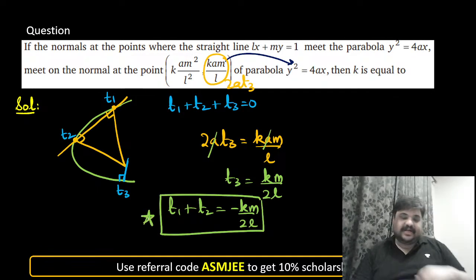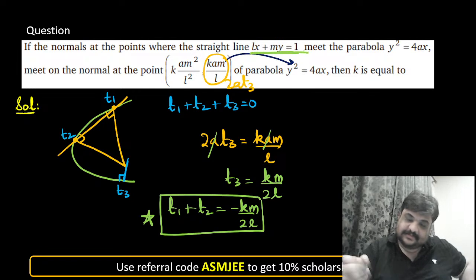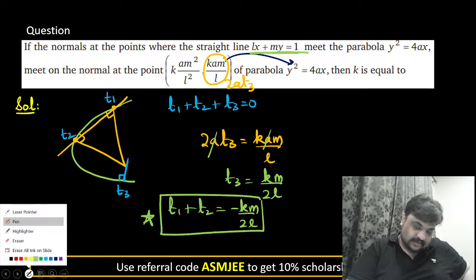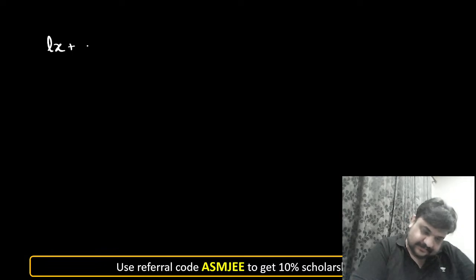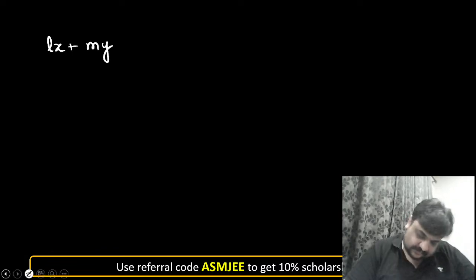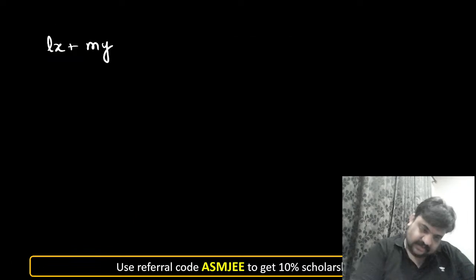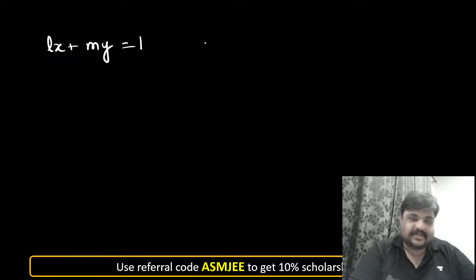But we can also find T1 plus T2 using this line. Now this line, lx plus my equal to 1, passes through (at3 square, 2at3), so put that in.